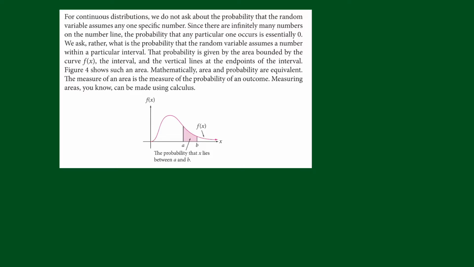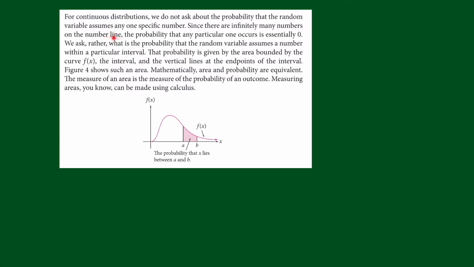And now for continuous distributions, we don't ask about the probability that the random variable assumes any one specific number. You know, back in binomial probability, we could say, what's the probability that we get 1 success, or 2, or 3, or 4? But now we're not going to do that. Since there are infinitely many numbers on the number line, this is continuous, so think about time.